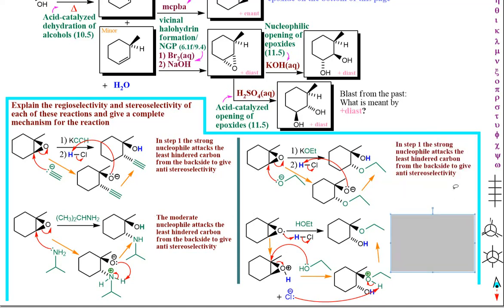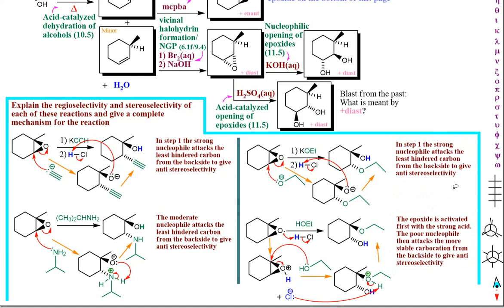And over here, we're almost there. We activated the epoxide first with a strong acid. We couldn't do that in any of the previous examples. There was no strong acid in step 1, no strong acid here, no strong acid here in step 1. Here we have strong acid available from the beginning. That's what you do when you have a strong acid available. You protonate something.